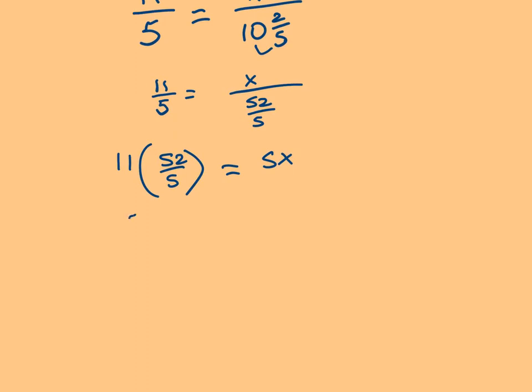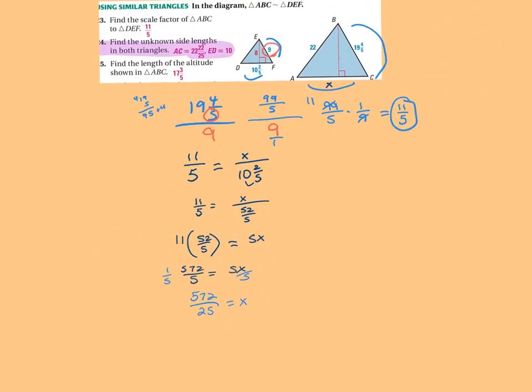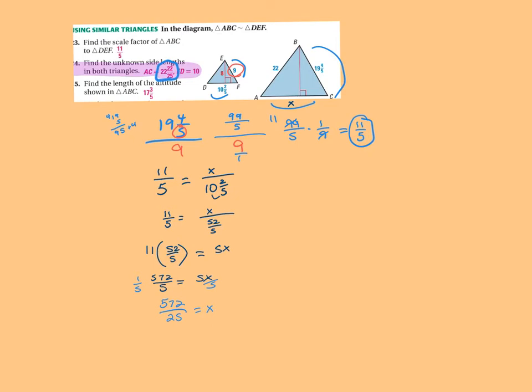This becomes 572 over 5 equals 5x. Divide both sides by 5, which is the same thing as multiplying by a 5th. And then if you divide that, that's where that 22 and 25ths comes from. Yeah, I didn't do the keep, change, flip.